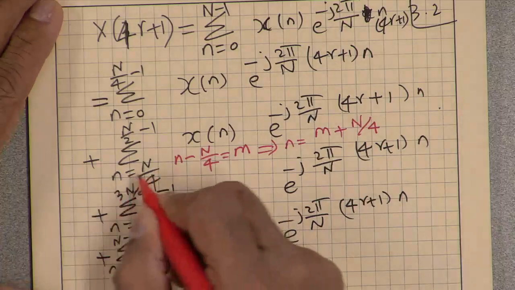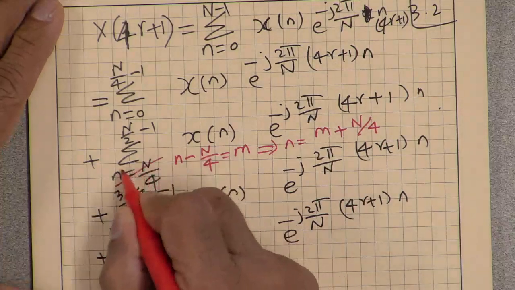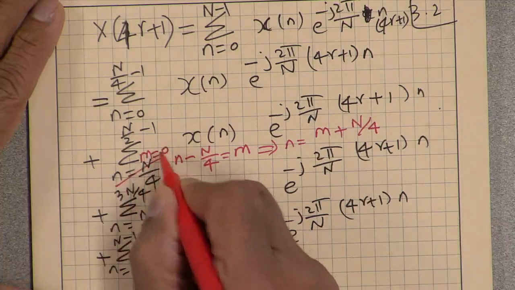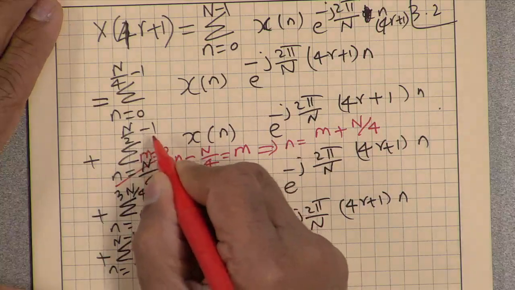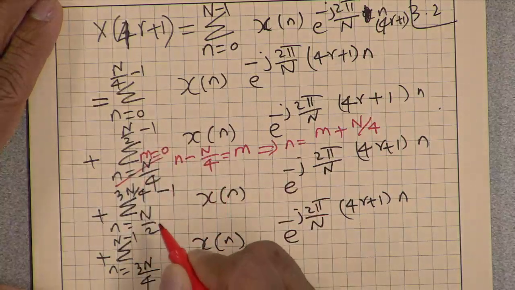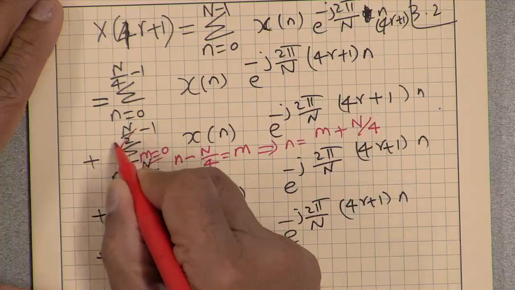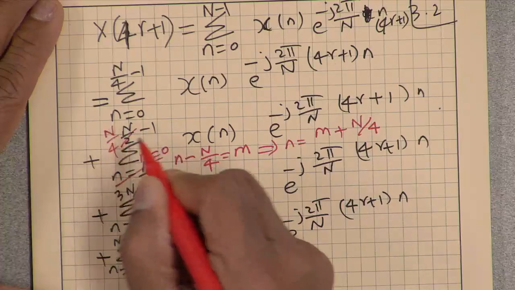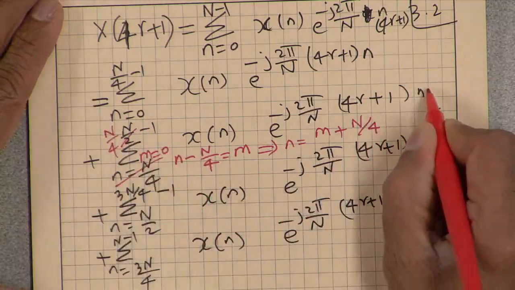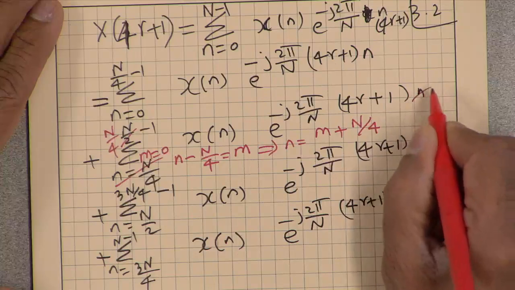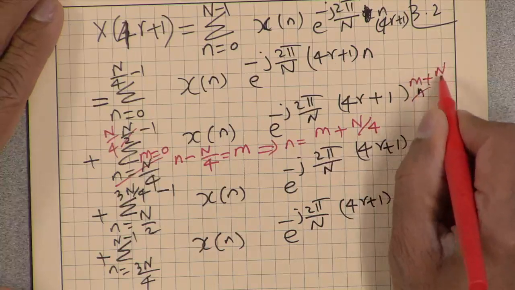Let's just stay with m, it doesn't matter. m equal to 0 to N by 4 minus 1, and this n becomes m plus N by 4.